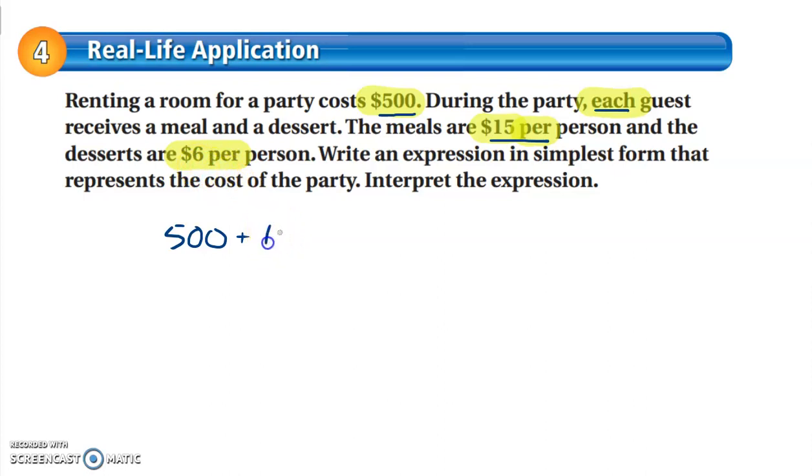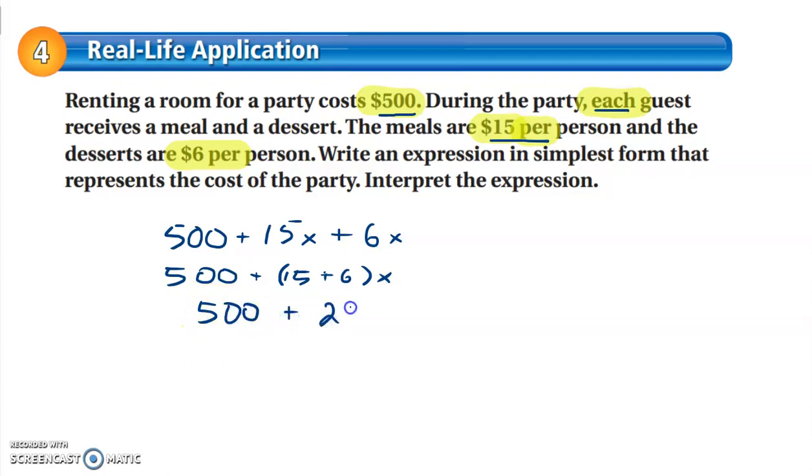So we can either write 15 times the amount of guests plus 6 times the amount of guests, or we could use distributive property the other way around and say that's 15 plus 6 for every guest, because every guest is getting a meal and a dessert. So we could add those together first. So 500 plus 21x. That's what we added together.